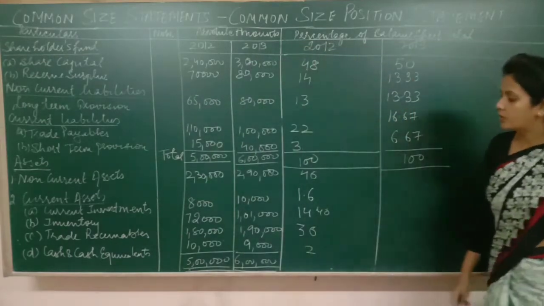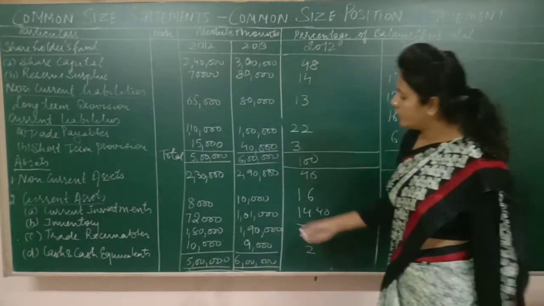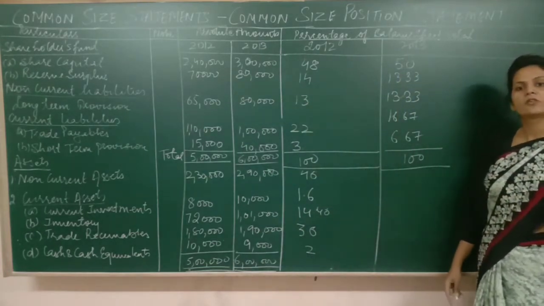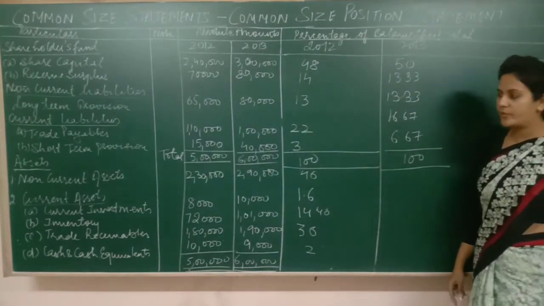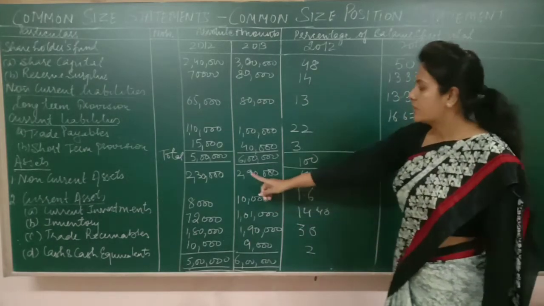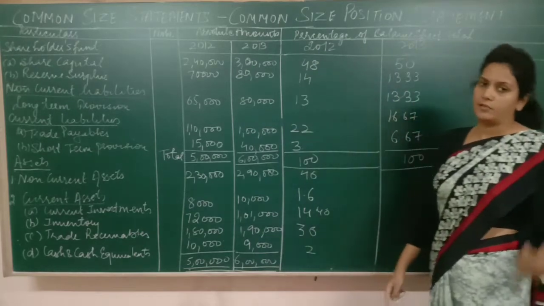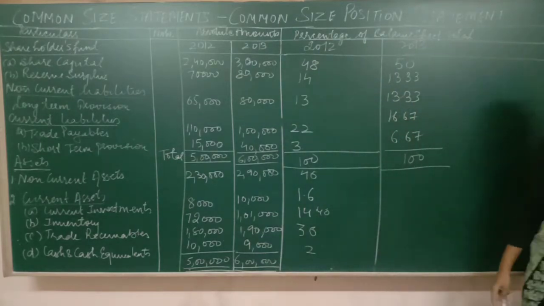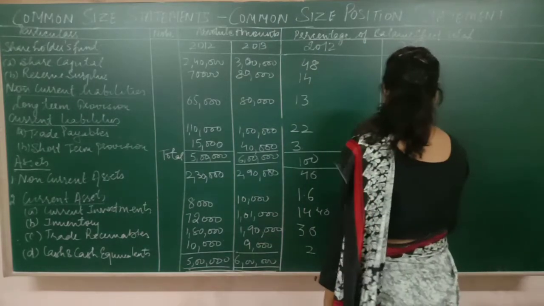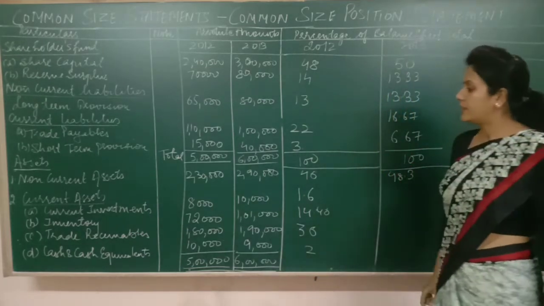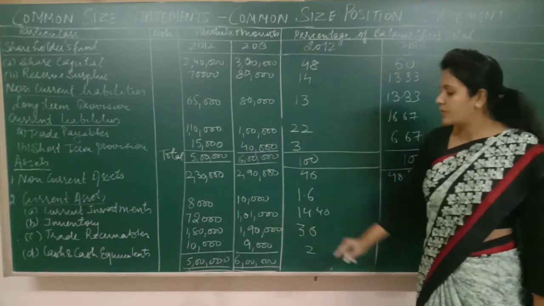Got it? Now, similarly, in the same way only, we have to find out the percentages of all the assets and liabilities of the current year with respect to a common base. First is non-current assets, 2,90,000. So 2,90,000 upon 6 lakh, total of all the assets, into 100, which would be equal to 48.3%. Then the next is current investments of rupees 10,000.